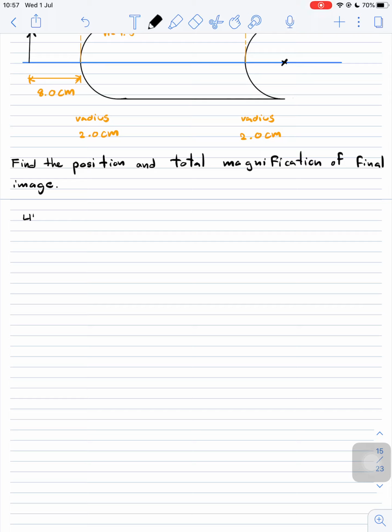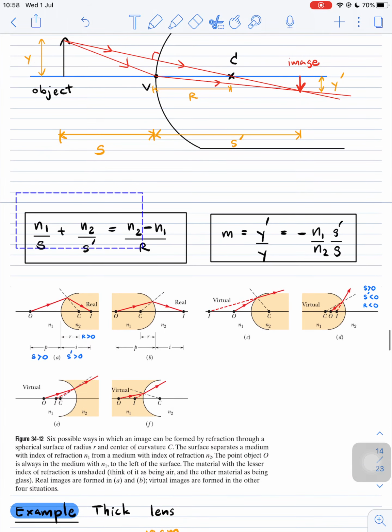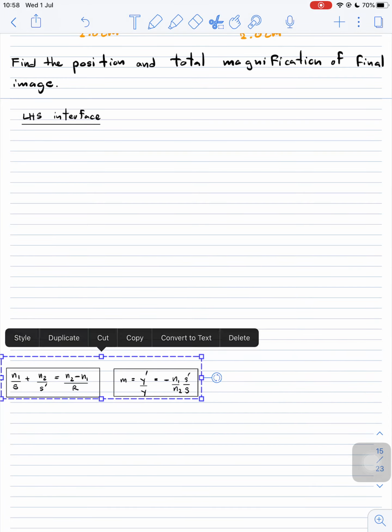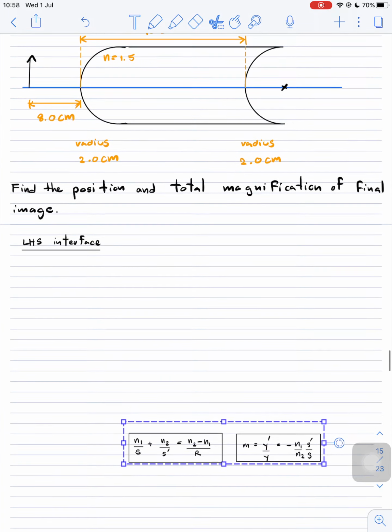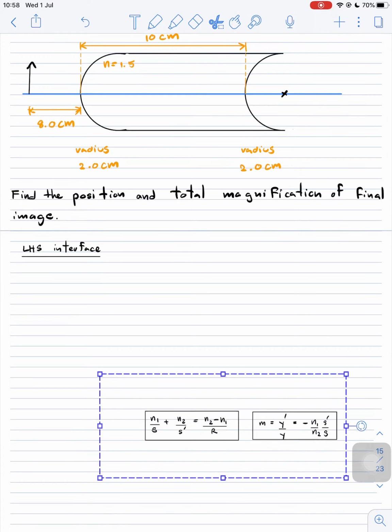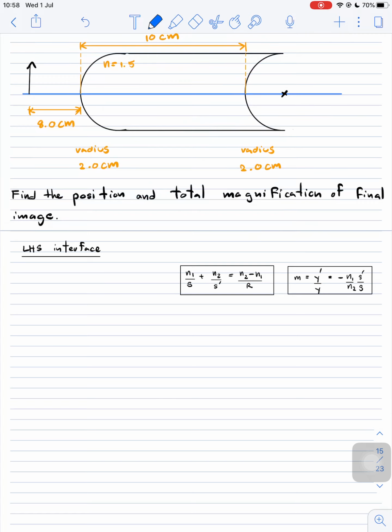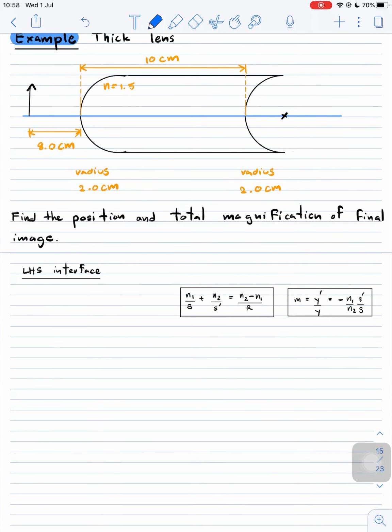So consider the left hand side interface, right? Okay, so let me just copy this question first, and then we can see which variable we need. So let's just start from the n1, right?